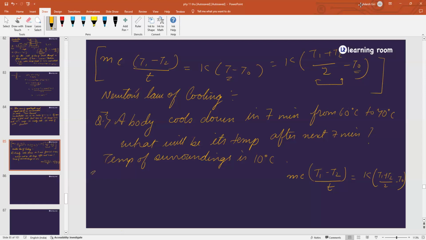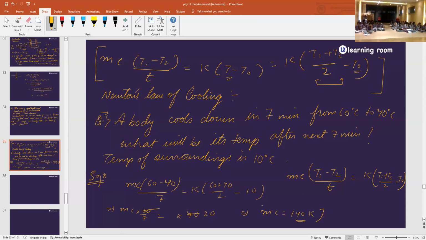In this question, in 7 minutes it decreased from 60 to 40. So mc times (60 minus 40) by 7 is equal to K times ((60 plus 40) by 2 minus 10). So mc into 20 by 7 is equal to K into (100 by 2 is 50, 50 minus 10 is 40), 40. Can I conclude that mc is equal to 140K, right?